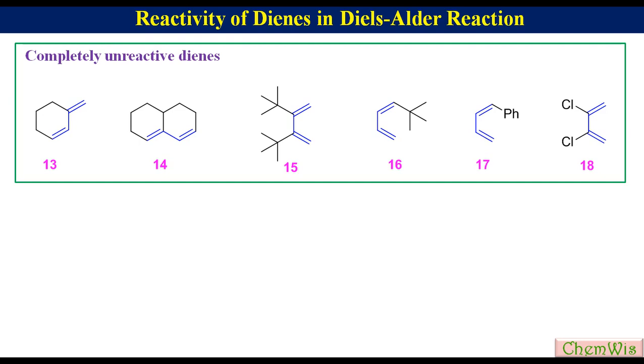Compound 15, 16 and 17 are unreactive because S-cis conformation is highly destabilized due to strong steric repulsion, and compound 18 is unreactive because of electron withdrawing nature of chlorine and also destabilization of S-cis conformation due to steric hindrance.